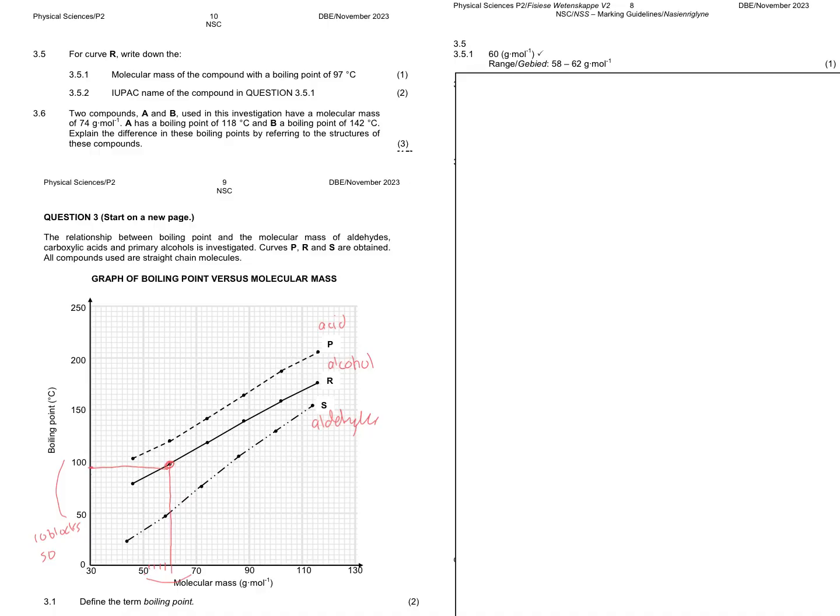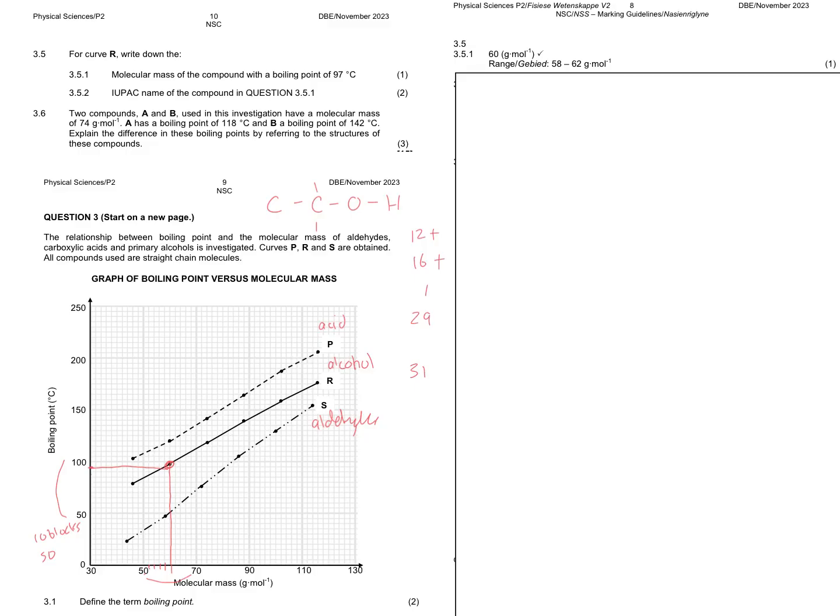It is going to be an alcohol. So you know it is going to have a C, an O, and an H. And the question is, how many extra carbons does it have? The C, the O, and the H are 12 plus 16 plus 1, the molecular masses of carbon, oxygen, and hydrogen, and that makes a total of 29, which means I have 31 left to add extra carbons.